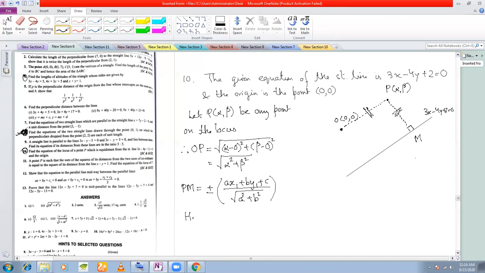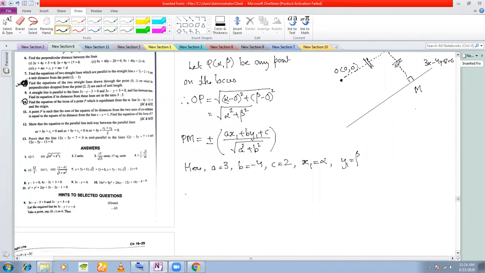What is A here? A is the coefficient of x, 3. B here is minus 4, C here is plus 2. x1 here is alpha and y1 here is beta. So let us now find PM.